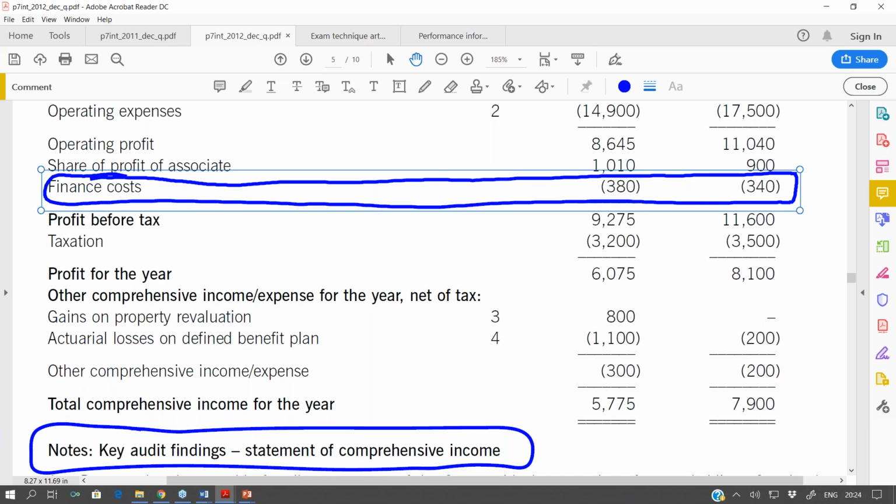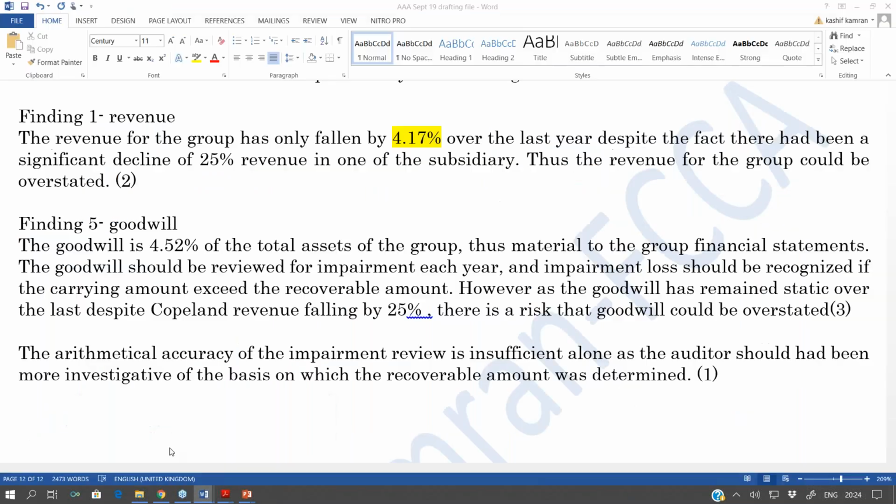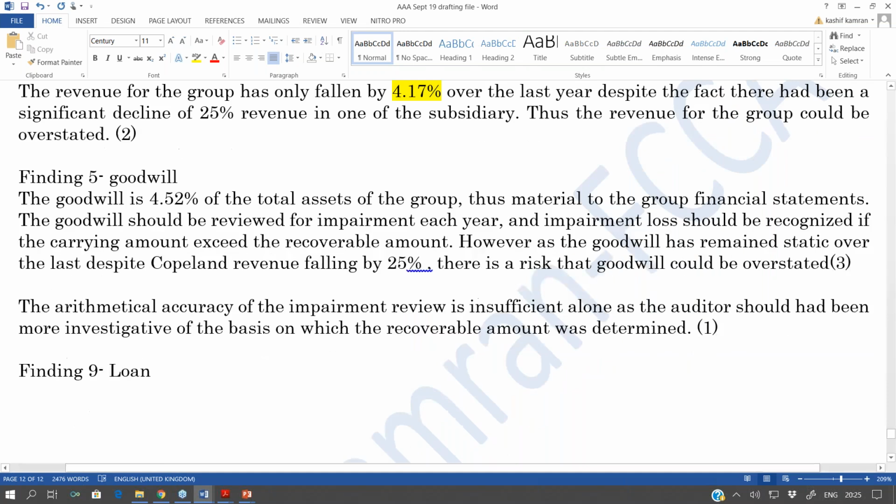Right. So is everyone clear on the finance cost if I start to write it down? Okay, then we have finding number 9, and I'm taking this as the last one. Finding 9, which is about the loan, and you start writing under the finance cost.